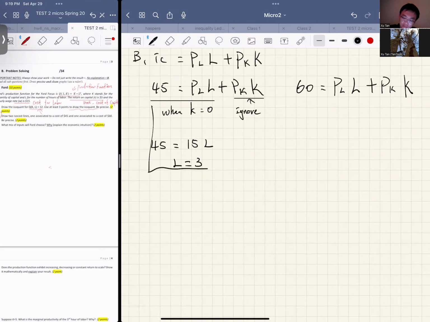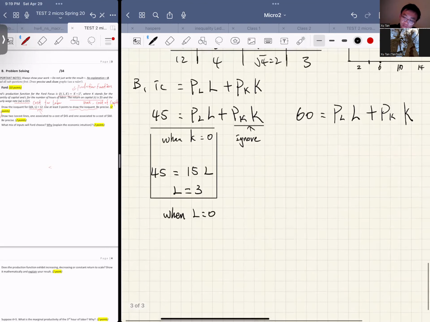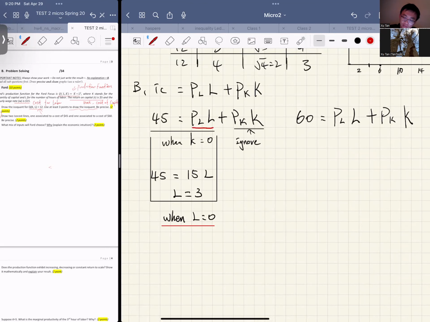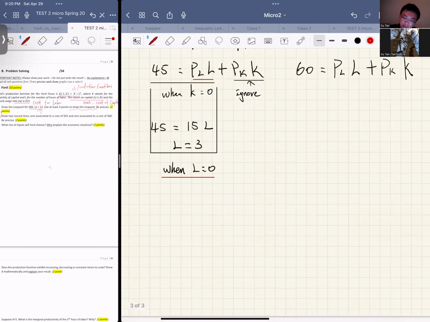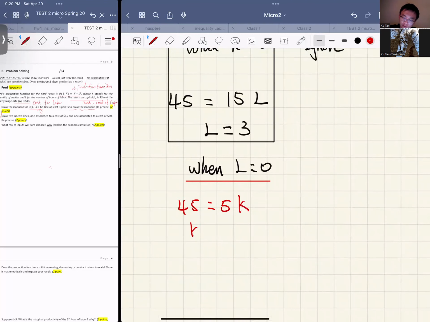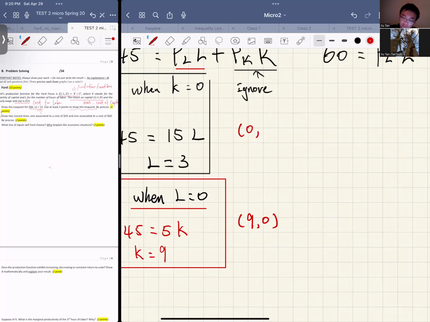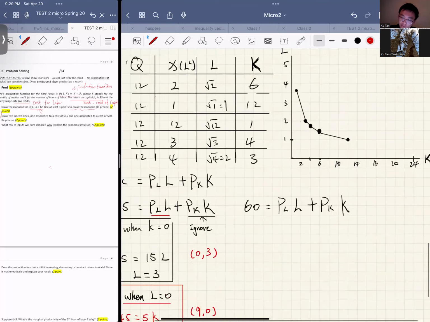So K equals 0, L equals 3. Another point is when L equals 0. We ignore that part, so we have 45 equals price of K, which is 5, so 5K equals 45, and K equals 9. So we get 2 points: 9, 0 and 0, 3.